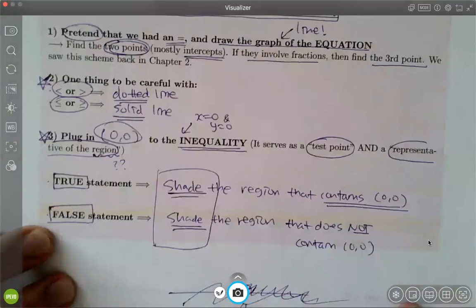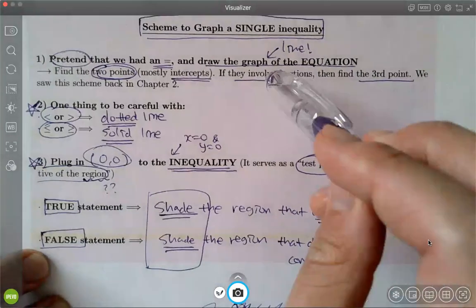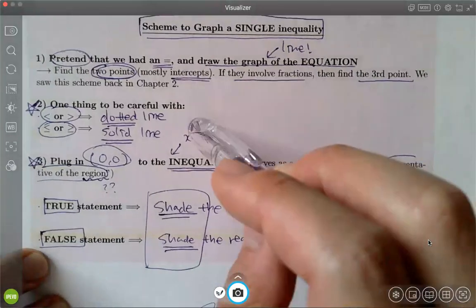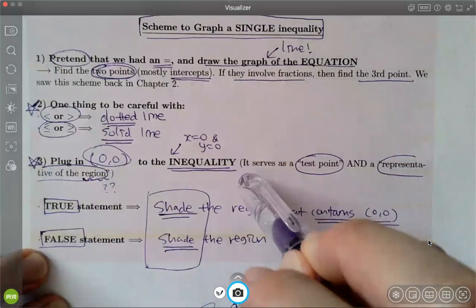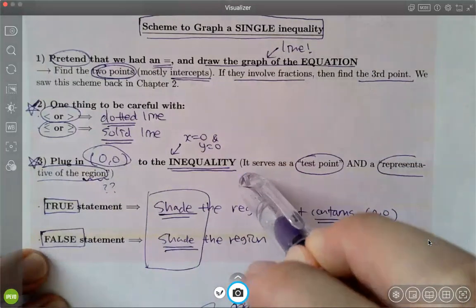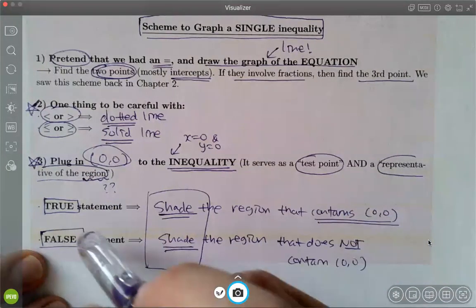We did step number 1, and we did step number 2 as well. And now what do you have to do? Plug in (0, 0) to the inequality, and we will see either a true or false statement.